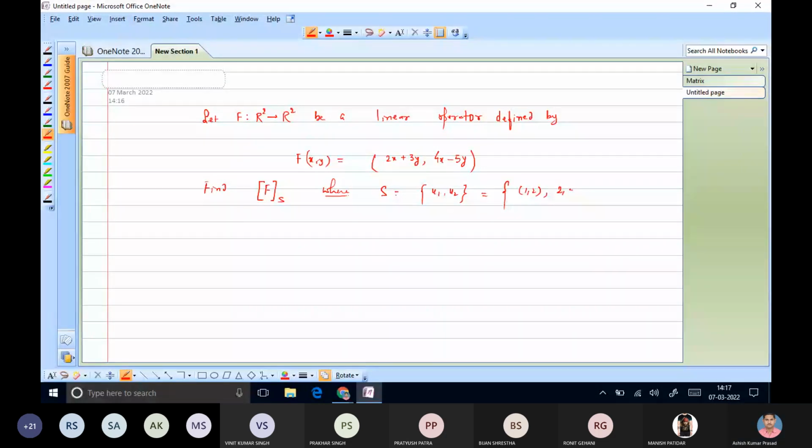So this is the simple setting, and we have to find the matrix representation of F with respect to basis S.